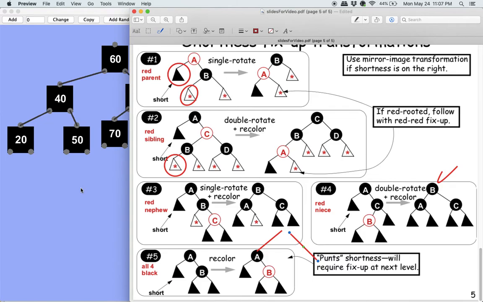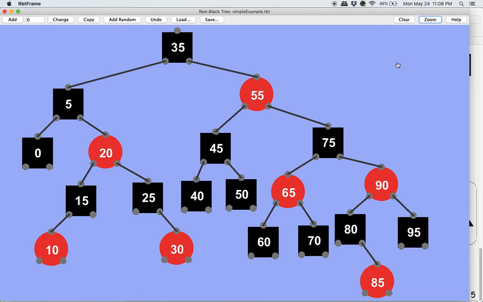I'm going to take the same tree and delete nodes from the right. So the first case, lowest to highest, the next case, highest to lowest, and then I'm going to start in the middle and do the same thing. Anyway, we will take a look at that. Here's our tree.